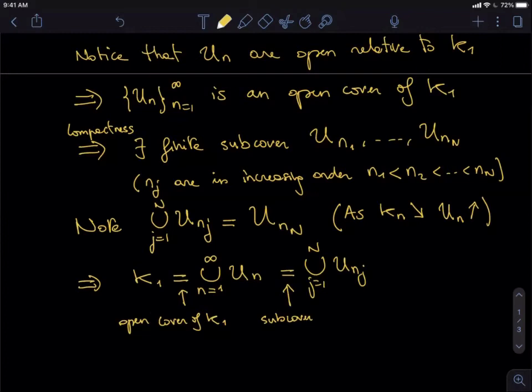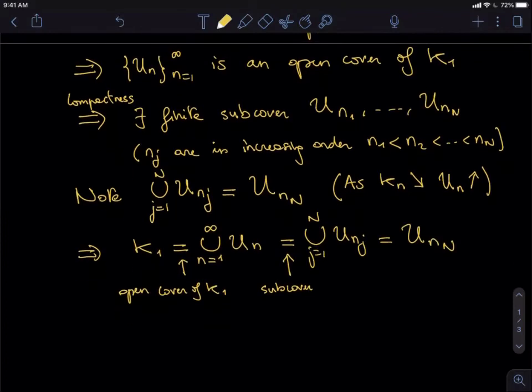And now this union, I know it's the largest of those U_n. We said it was U_{nN}. Here we are basically set, because the way we defined U_{nN} was as K1 minus K_{nN}. This was by definition.